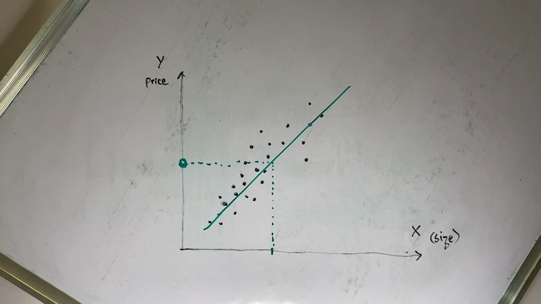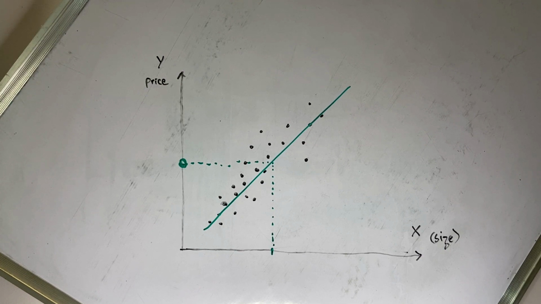To do that, we need to build some hypothesis that could take in the size of the house as an input and give an estimated price. That's the output. Estimated price will be the output.